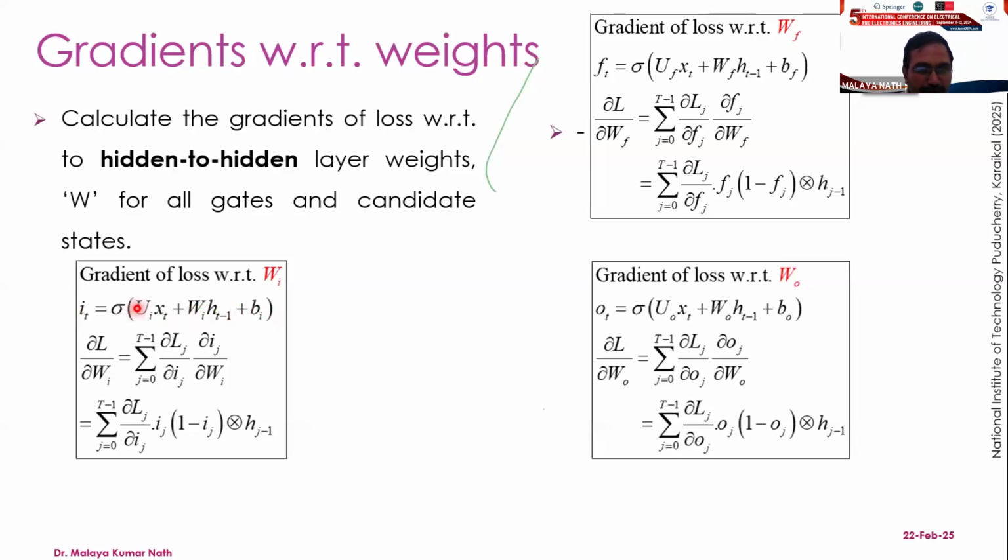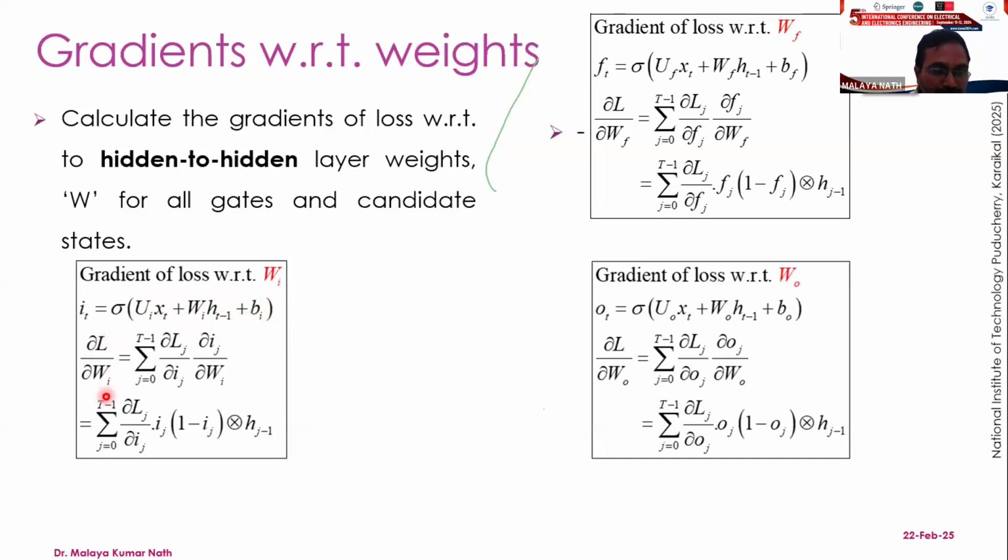What is U? U is nothing but the weight associated with the input to the hidden state, and xt is the input given at the time instant t. Wi is the weight associated with the input gate in the hidden to hidden state, h of t minus 1 is the previous state information, and Bi is the bias.